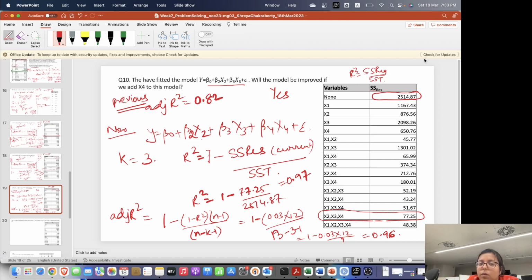So when we have to figure out which metric we should use, we should be judicious and prefer adjusted R square over R square, because adjusted R square associates a penalty with the increasing number of regressors, and even with that penalty, if it is giving me improved results, I am going to add extra covariates to the model.